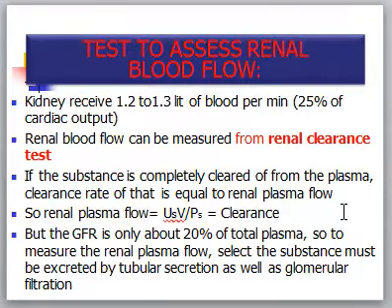But the GFR is only about 20% of the total plasma. So, to measure the renal plasma flow, the selected substance must be excreted by tubular secretion as well as glomerular filtration.